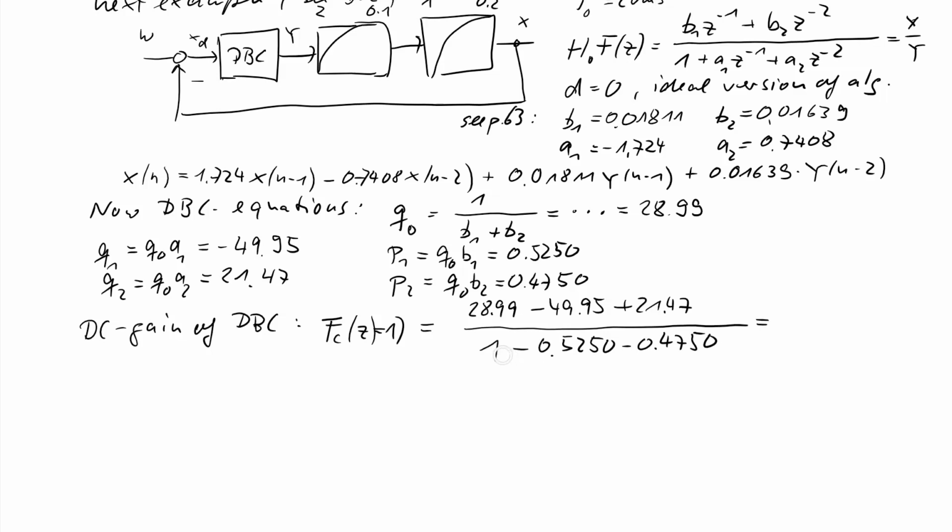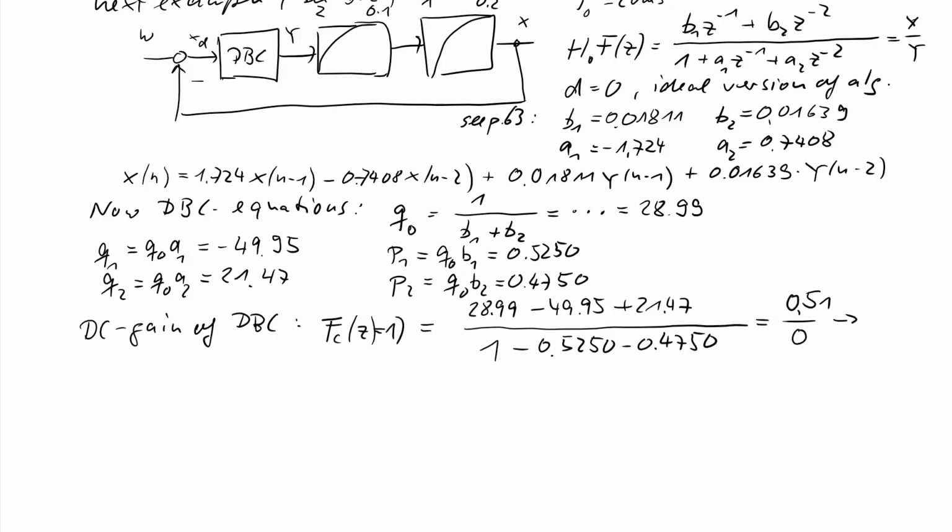In the denominator you see this sum of both p's. If you add them, it's exactly 1. 1 minus 1 is 0, so we divide by 0, and in the numerator we get a value. With my calculator I get 0.51. This is the third digit in my numbers. I have calculated with 4 digits, so this is not an error, it is just not 0.